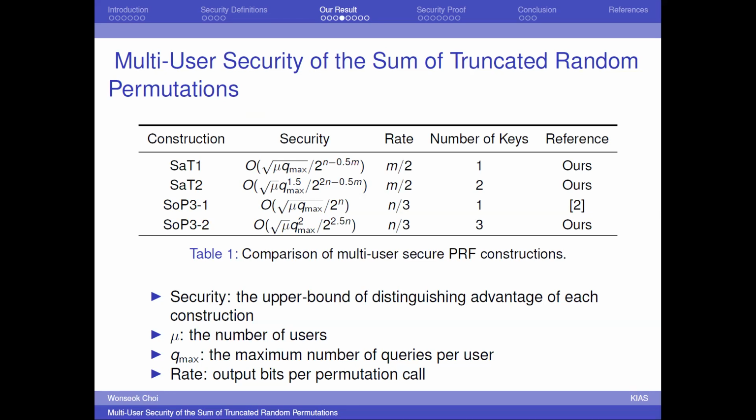As you can see, SAT1 and SAT2 are secure up to 2 to the n queries per user when mu is smaller than 2 to the n minus m users, which is the same security level as SOP3. And if the number of users is more than that, SAT2 can be more secure than SAT1. Similarly, SOP3.2 can be more secure than SOP3.1 when the number of users is huge.